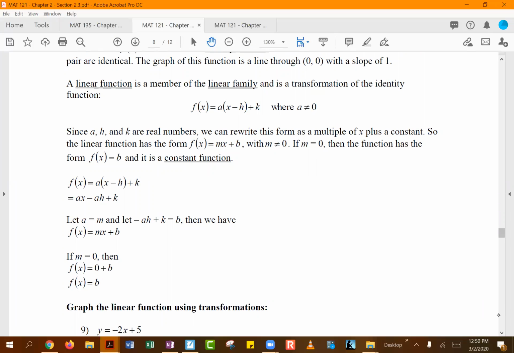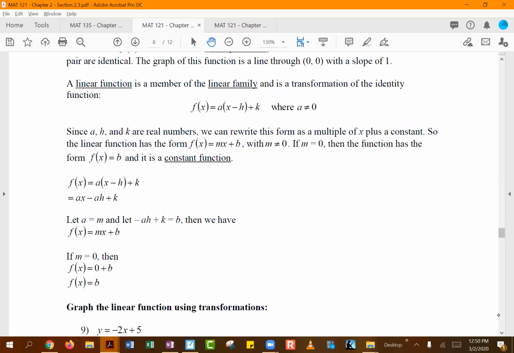Start by distributing the a with the x minus h, so that becomes a times x minus a times h, and you bring the k down. Now x is your variable, but h is just a number, which means I can add this negative ah plus k together, and the whole thing becomes one single number, which we can call b. And the ax, replace that a with an m, so it becomes mx. This whole part becomes your b.